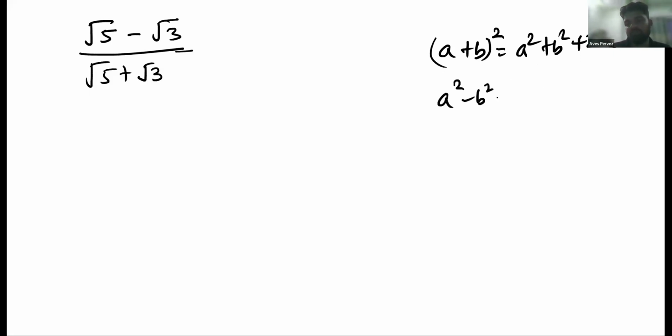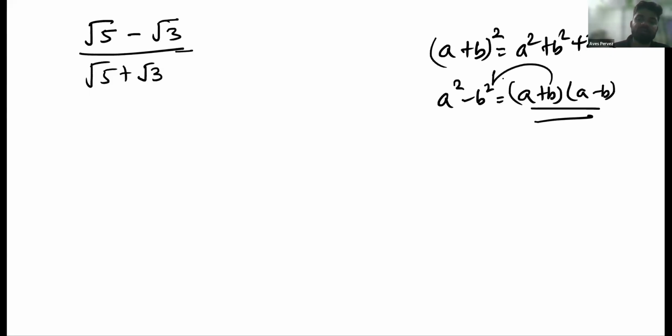So what you are seeing here is that a plus b into a plus b, 2 times, gives you a plus b whole square.